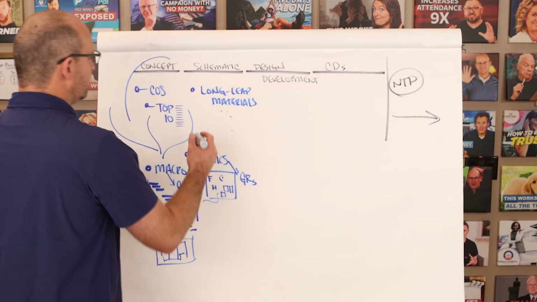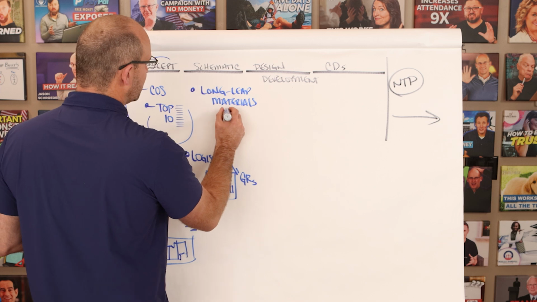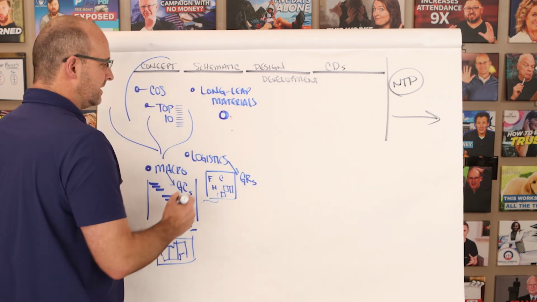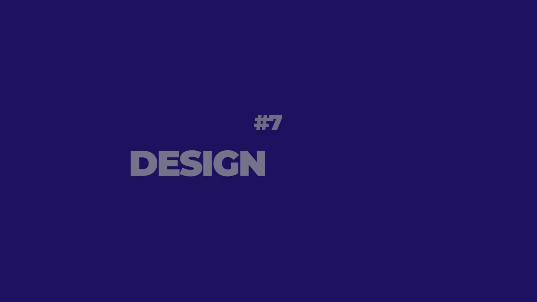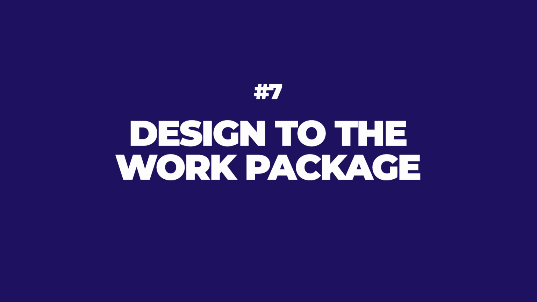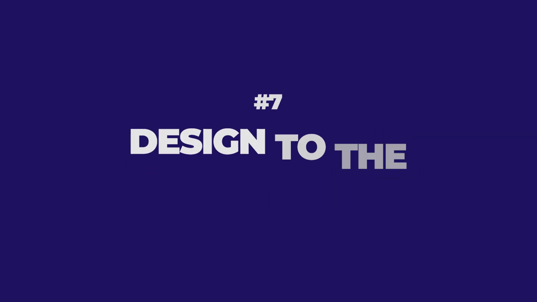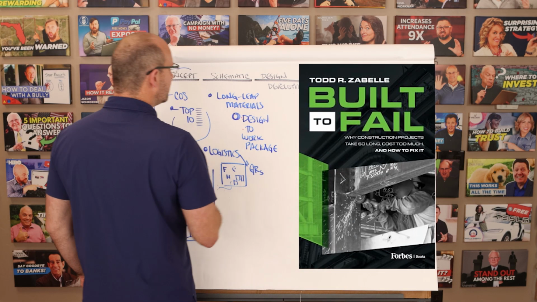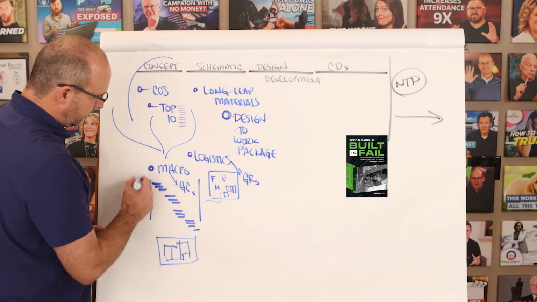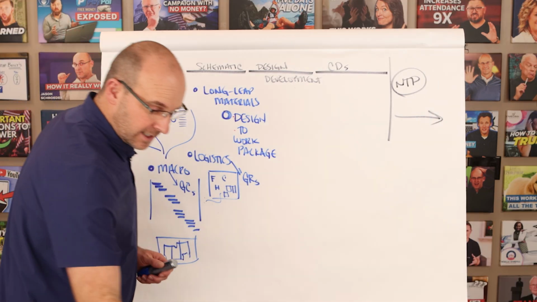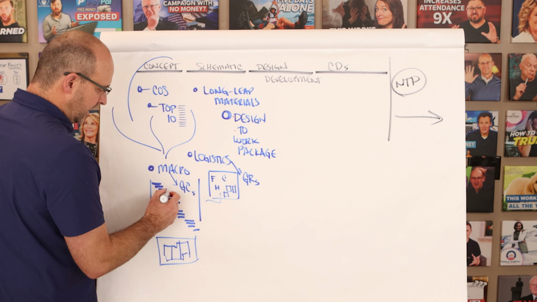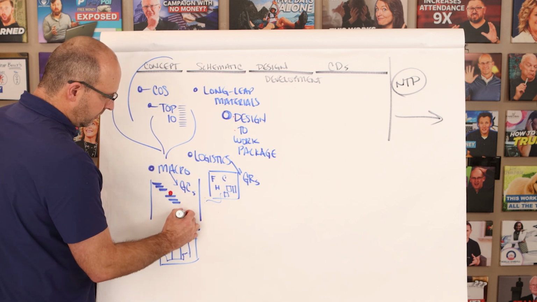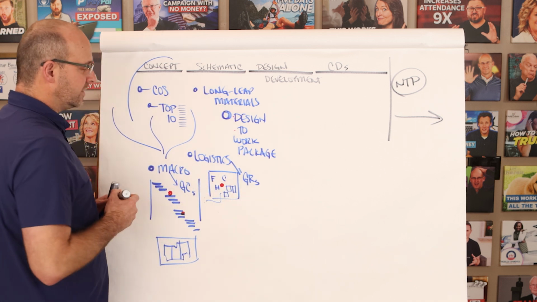Another thing that I want you to start doing somewhere around here, and this is important, this is like a novel idea. I'm going to call this design to the work package. I learned this from Todd Zabel on Built to Fail. Designing to the work package means that we know what our macro level Takt plan is, and we know if we have bottlenecks or big problems or opportunities, right?